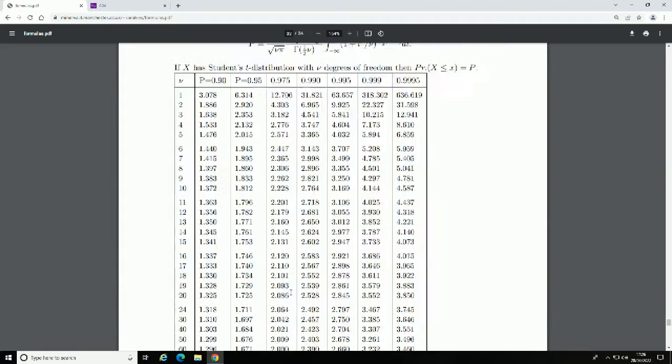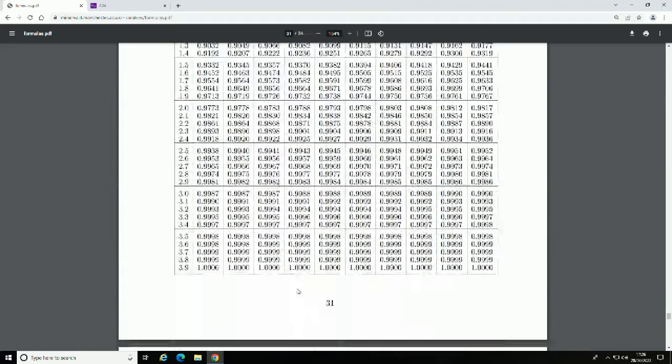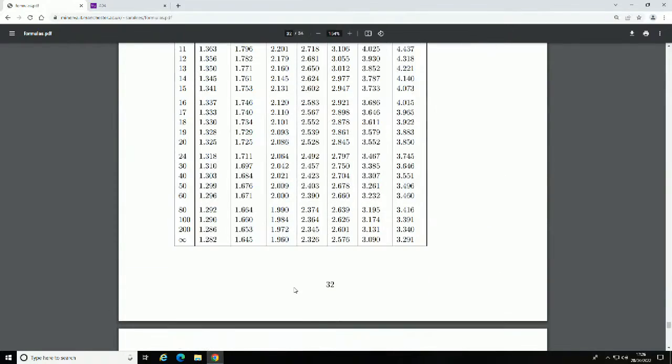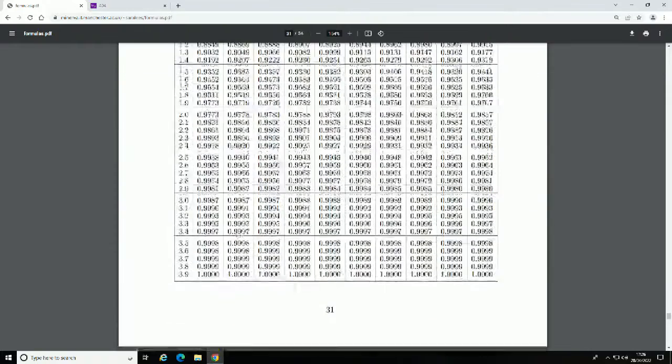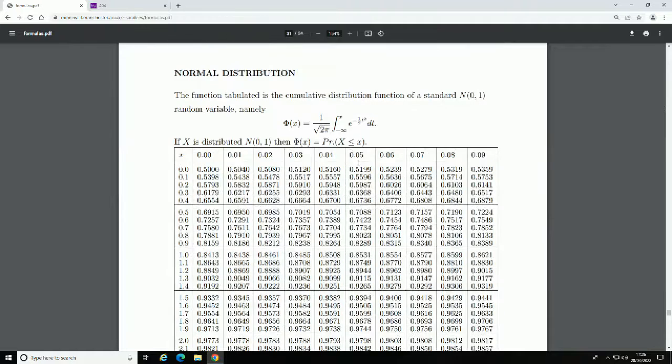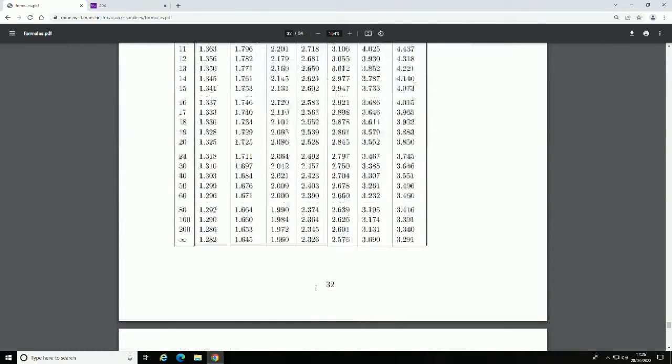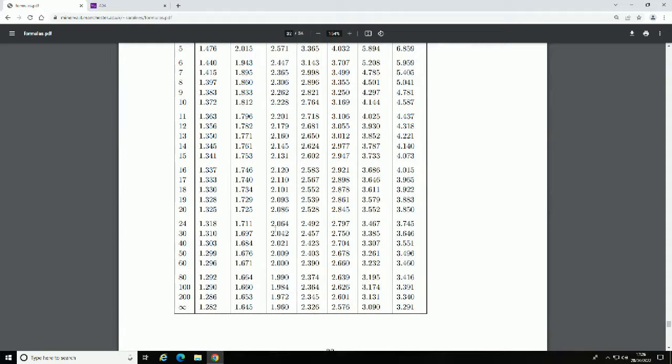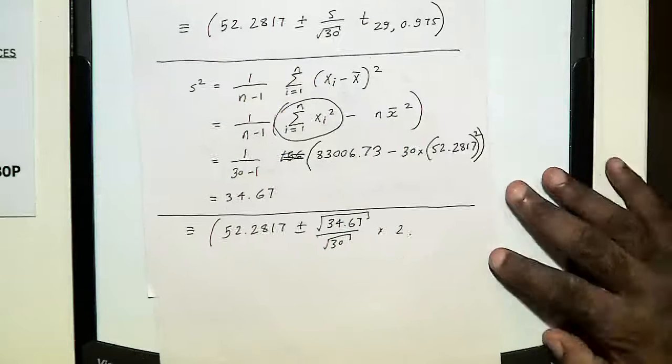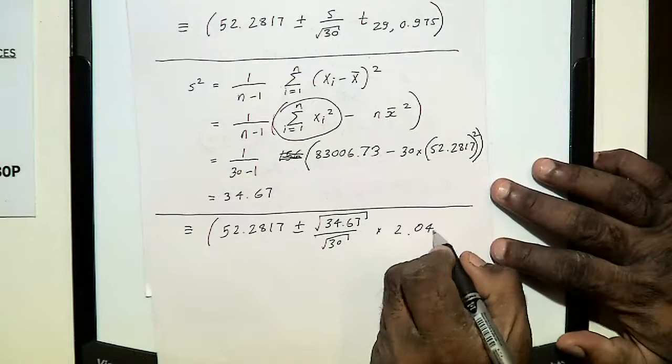Or you can read the Z value, because 29 is a number greater than 25, you can read the Z value using the Z table here. But in this case, I will stick to 2.042, approximately 2.042, right?